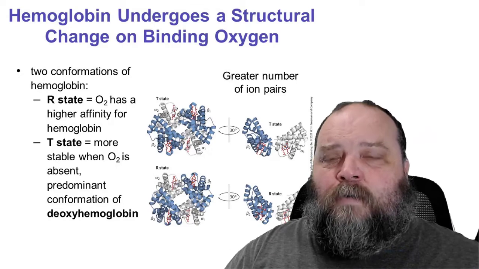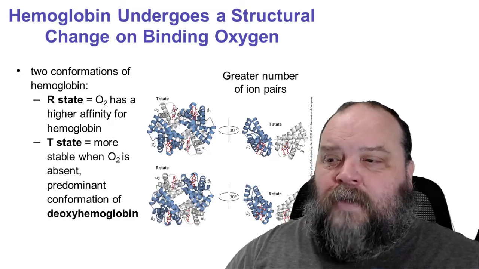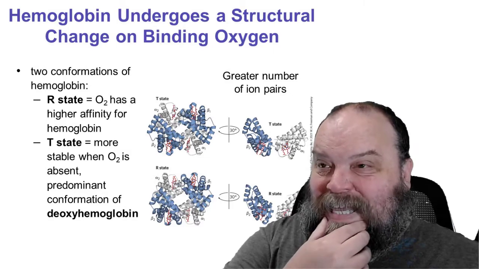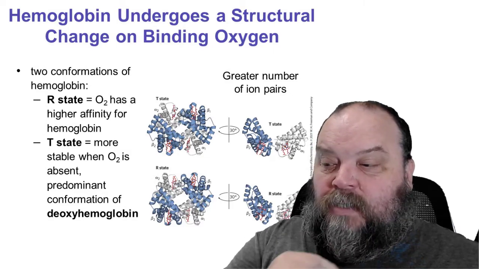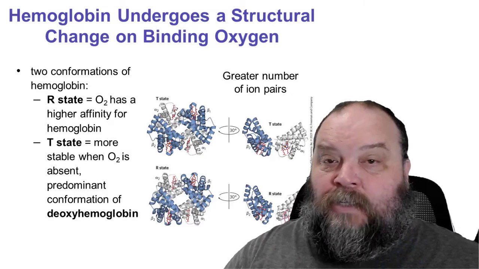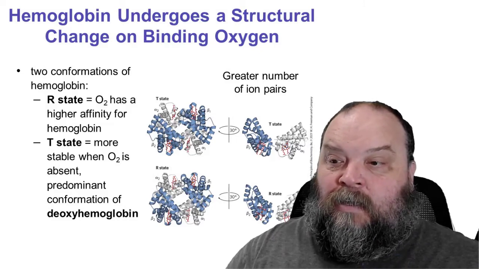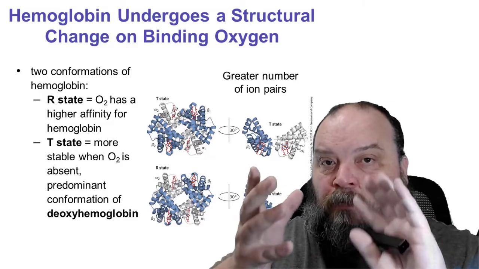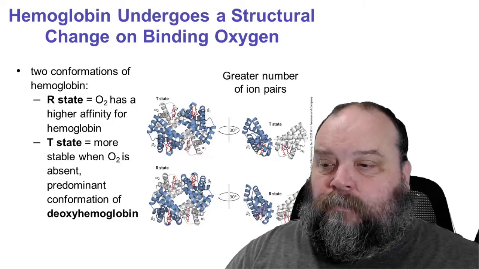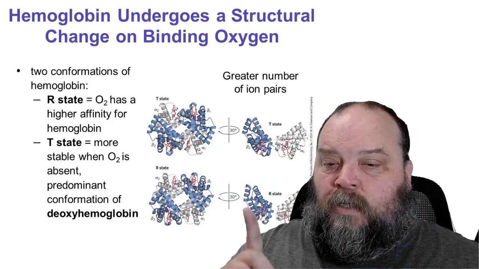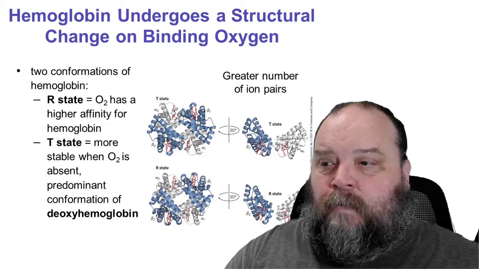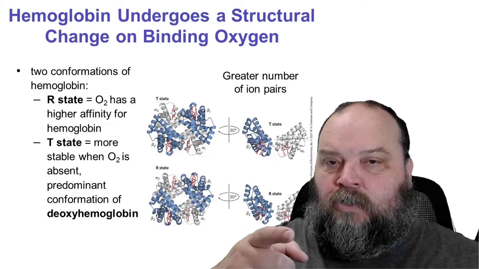I just said that backwards. The T state has a lower affinity. This is what they also refer to as deoxyhemoglobin. The oxygen's not there, so it's going to change its shape, twist around. If you look closely at the figures here, you'll see it's a slight twist in the conformation in the presence of oxygen.